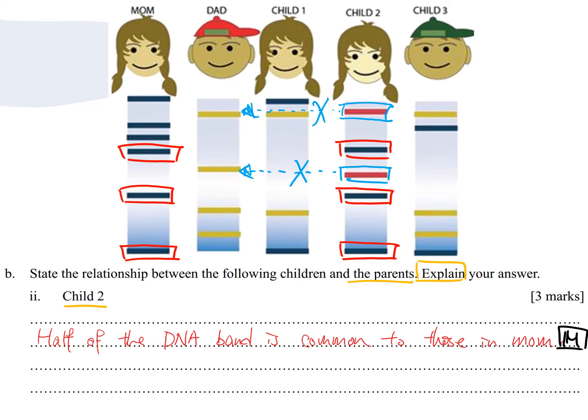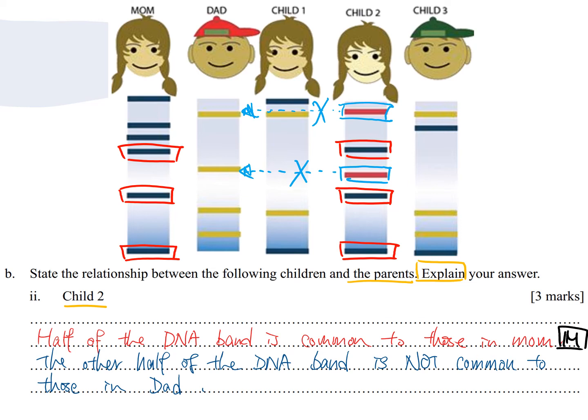So the second point you can write is, the other half of the DNA band from child 2 is not common to those in daddy. So nothing in common for the other DNA band. So you can conclude, half of the DNA band is common in mom, but the other half is not common in daddy.